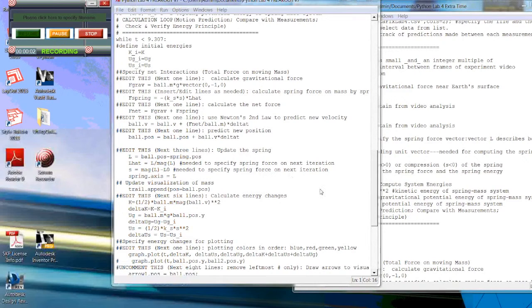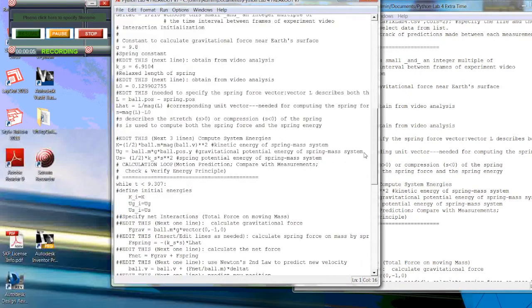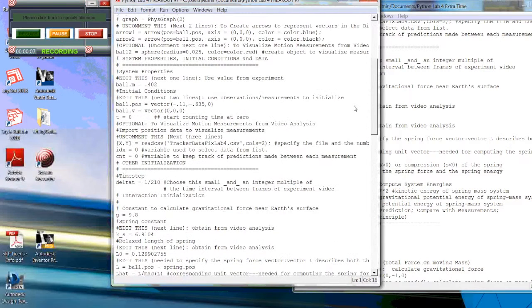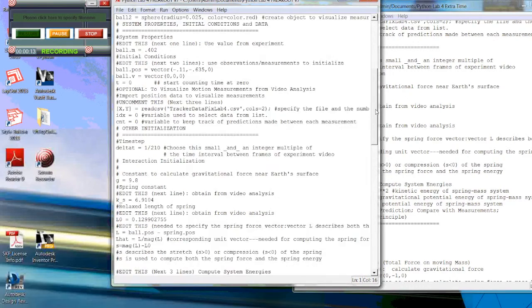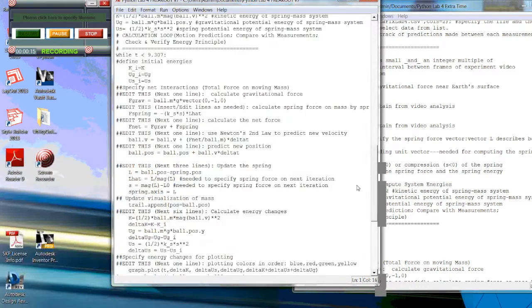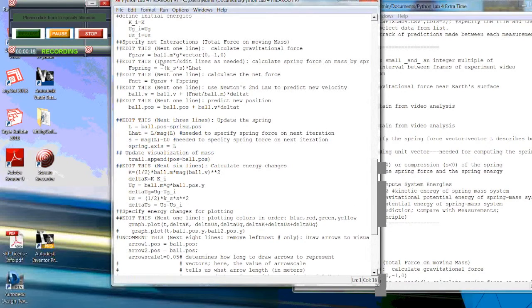Here's my Python program. The first thing I had to change in it was the ball's mass, being 0.402 kilograms. Then I changed the ball's starting position and several other things. But the most important thing that I had to change was the total force acting on the system, being the force of gravity, the spring's force, F net, the ball's velocity using Newton's second law, and the ball's position.